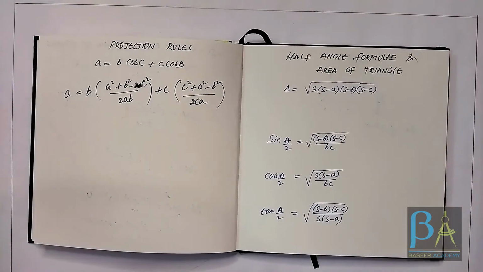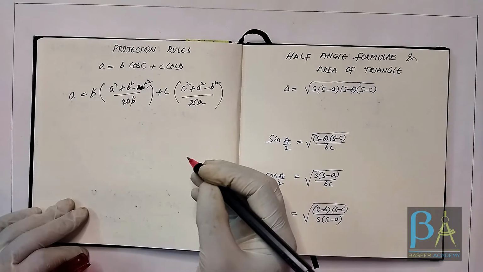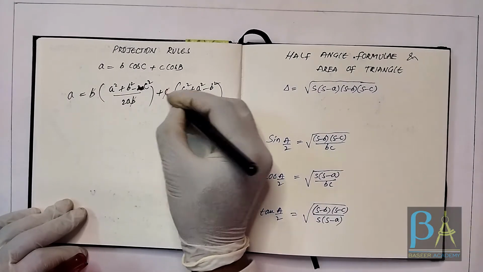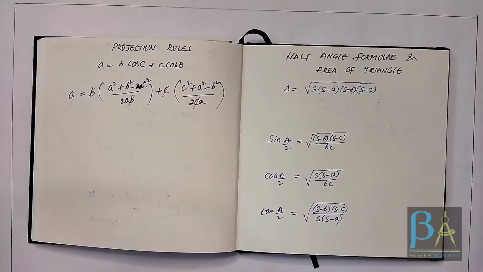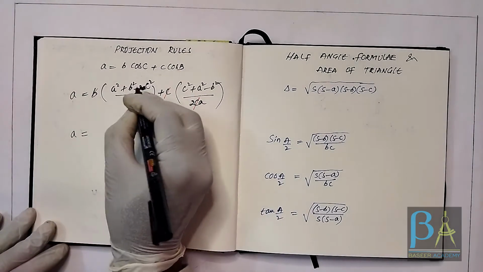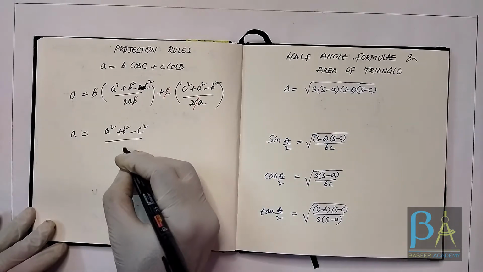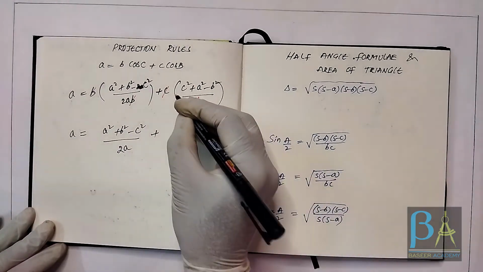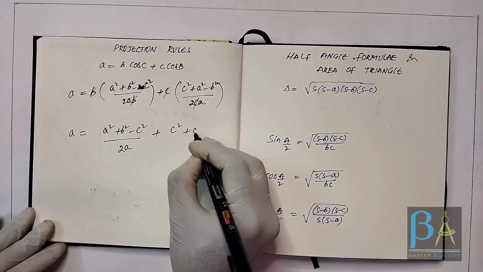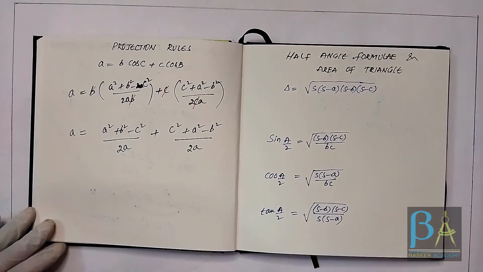Now what really happens here? Now this B from the numerator and this B from the denominator, they cancel out, and again in the second term this C from the numerator and this C from the denominator, they cancel out. And what am I left with? I'm left with A square plus B square minus C square by 2A in the first term, and then I'm left with C square plus A square minus B square by 2A in the second term.